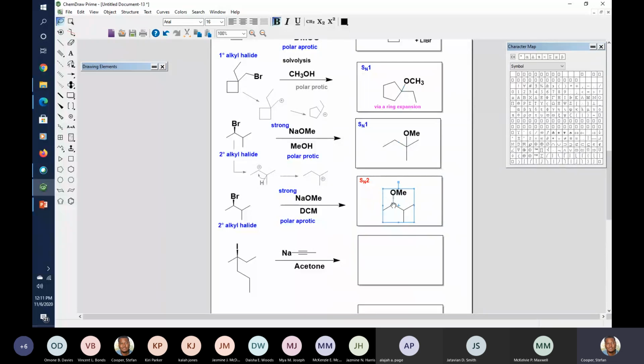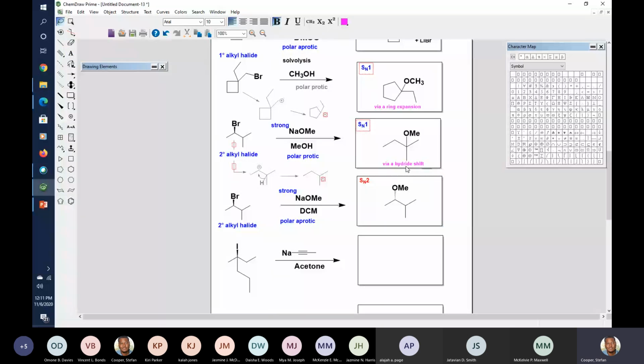But this one does, and I don't make a racemic mixture. I only make one, and that's the inverted product, right? So up top here, I wanted to write this in if I can. I got the second product via a hydride shift. Right, so this is a hydride shift here.